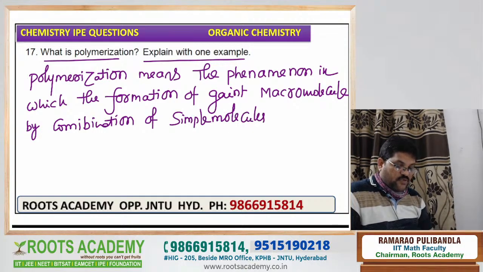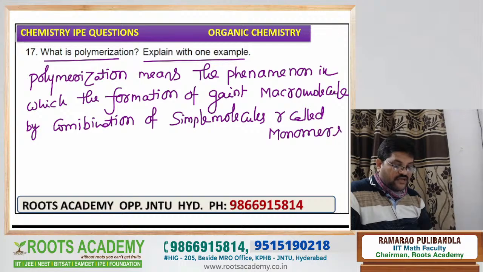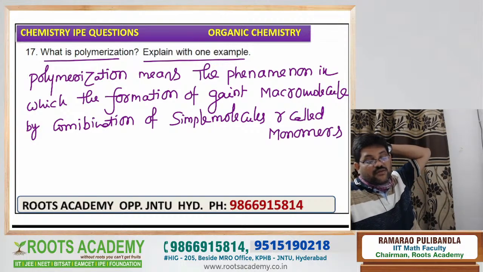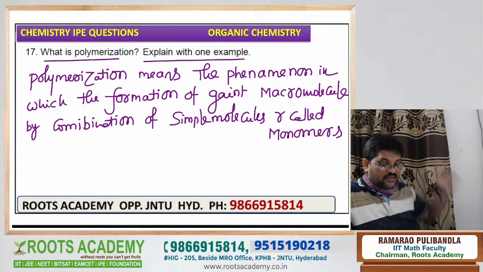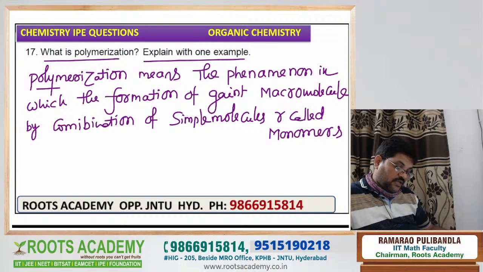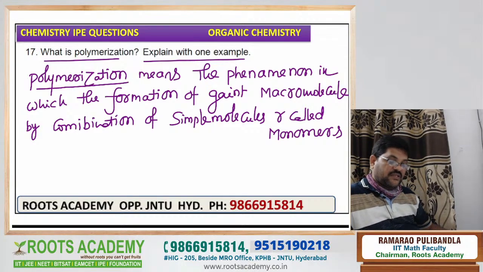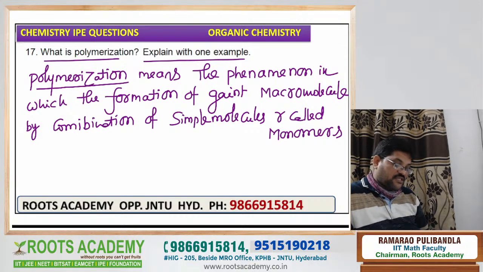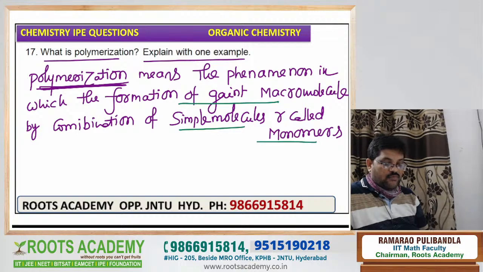Monomers combine themselves and form a giant molecule called a polymer. That phenomenon is called polymerization. Repeat the statement once again, students.